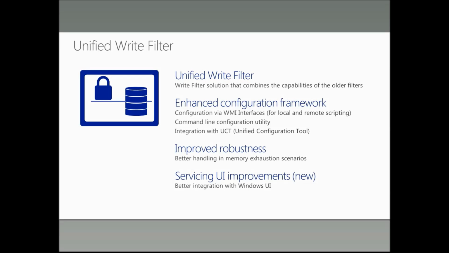There are multiple configuration tools accessible through the WMI interface, the MMC add-in that I mentioned, the Embedded Lockdown Manager, and also a command line tool, UWF Manager, to manage those features.